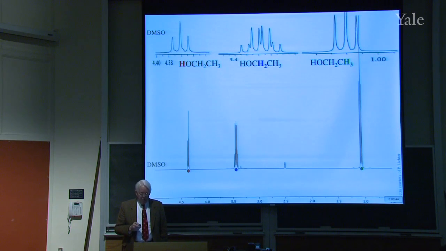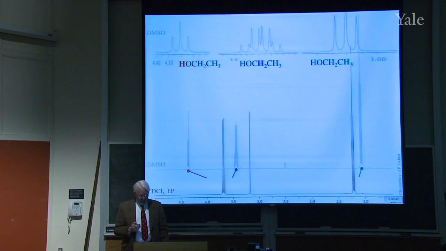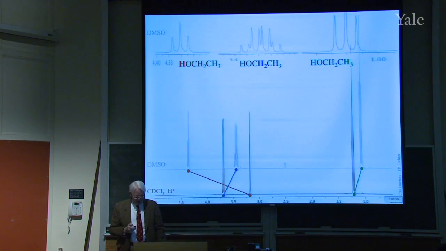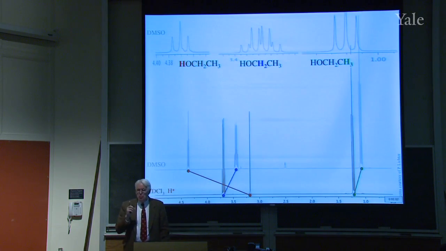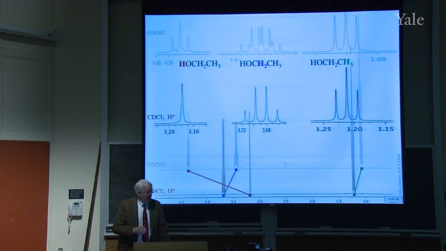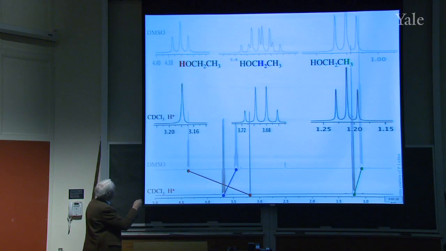Okay, if we measured it in chloroform with a little bit of acid in there, or if Phil did, he measured this one as well, notice the peaks shift a little bit. Especially the OH peak shifts a lot. The others shift a little bit, this one not too much. But what's much more interesting than these shifts is what the peaks actually looked like in terms of their splitting. Now, bear in mind, this OH peak is now over here, but I'm drawing it here.